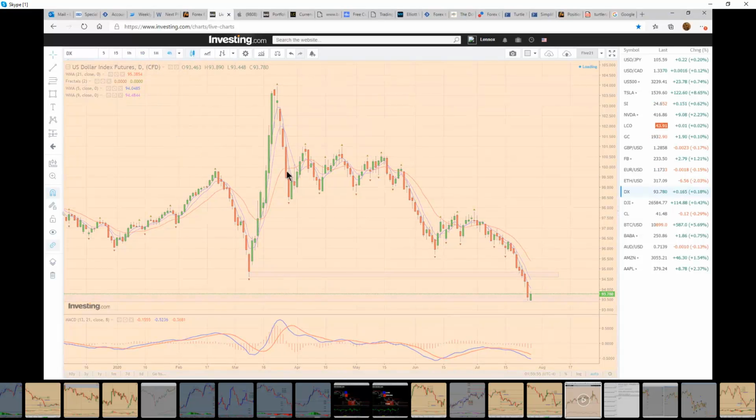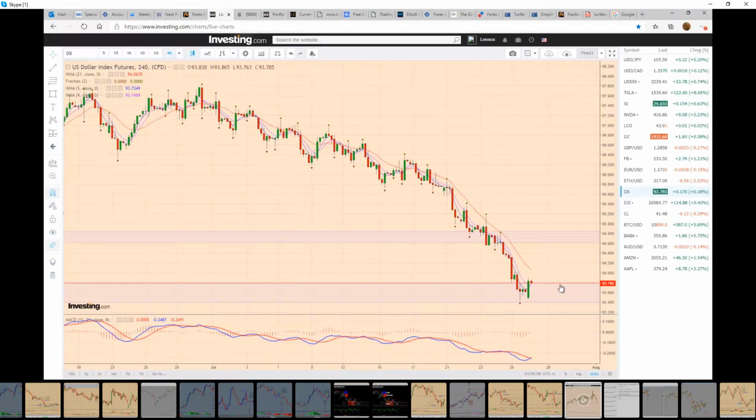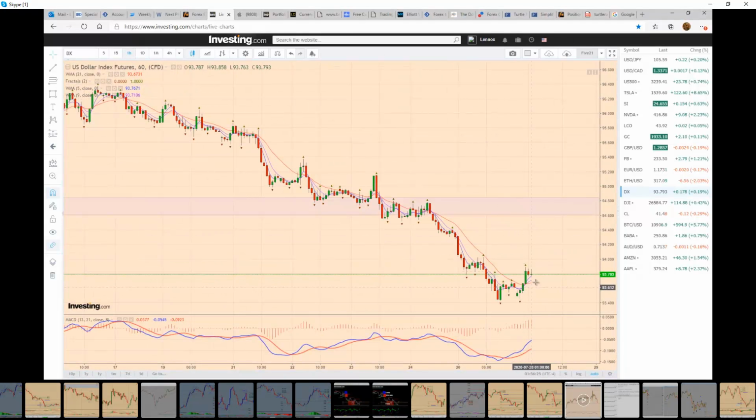We're going to come in and hone in a little bit, and you can see indeed we're getting a little bounce. The EMA, this is the 5 and 13, are starting to cross. The MACD is looking to cross to the upside. So it looks like we're having a 1, 2, 3 bottom setting up on the US dollar. So US dollar might be bucking the trend. It's been basically downhill most of the way, but now it might be making a little bounce because we're at a clean support area. So there's our 1, 2, 3 bottom, and now we're moving to the upside.